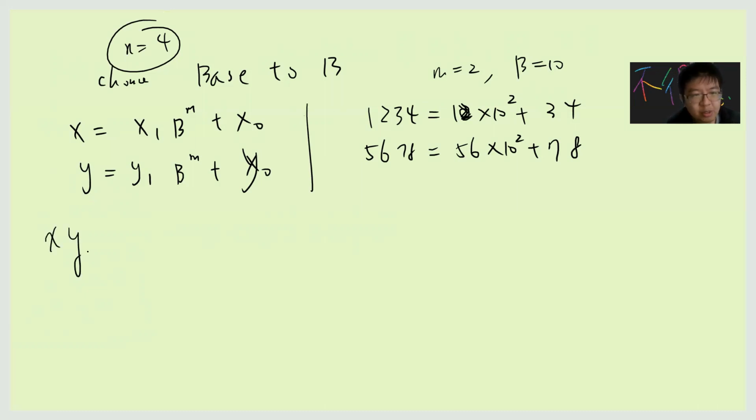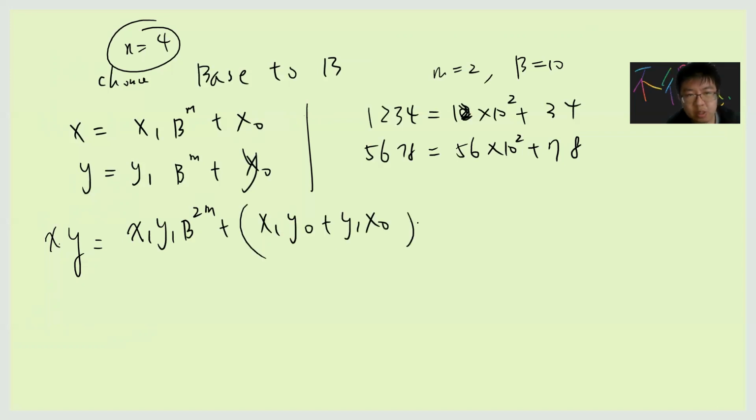I want to do the multiplication of x and y, which is trivial. Just do simple mathematics: you get x1 y1 b^2m, plus (x1 y0 + y1 x0) b^m, plus x0 y0. Since each xi and yi is less than b, you don't need to worry about the extra power.